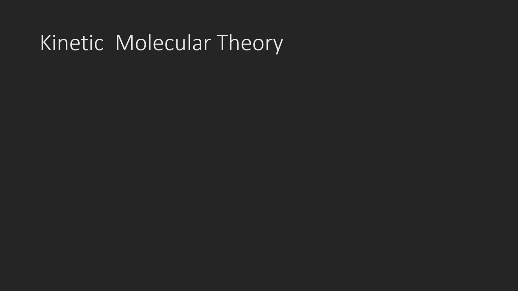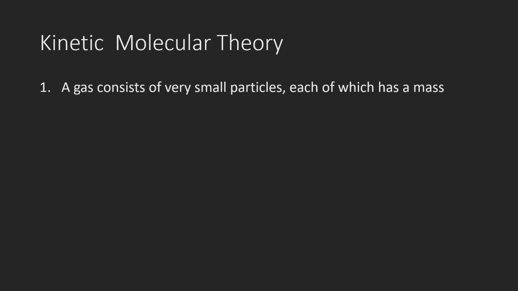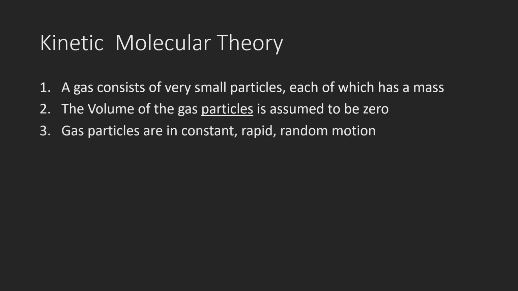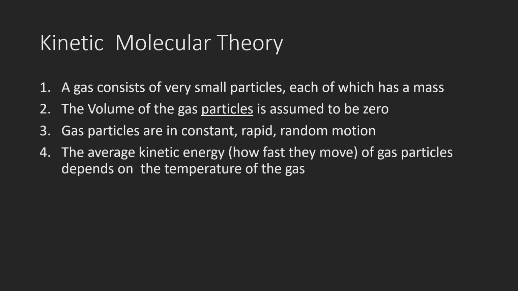First, the kinetic molecular theory. A gas consists of very small particles, each of which has a mass. The volume of the gas particles is assumed to be zero. Gas particles are in constant rapid random motion, and the average kinetic energy, how fast they move, of a gas particle depends on the temperature of the gas.